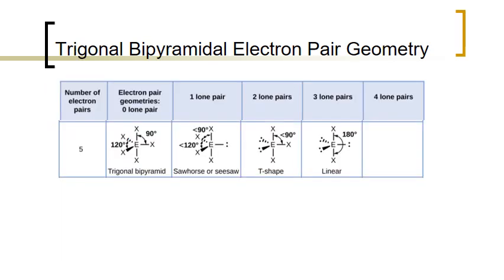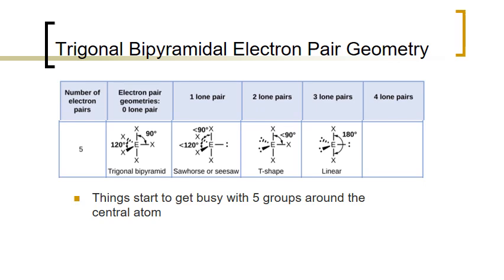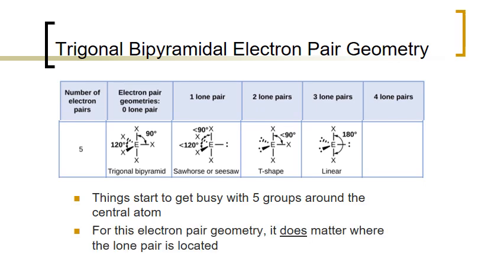The trigonal bipyramid is next. 5 regions, 5 electron pairs around the central atom. The molecules start to get busy when there are 5 groups around the central atom. Also, for this electron pair geometry, notice the different bond angles, so it does matter where the lone pair is located.